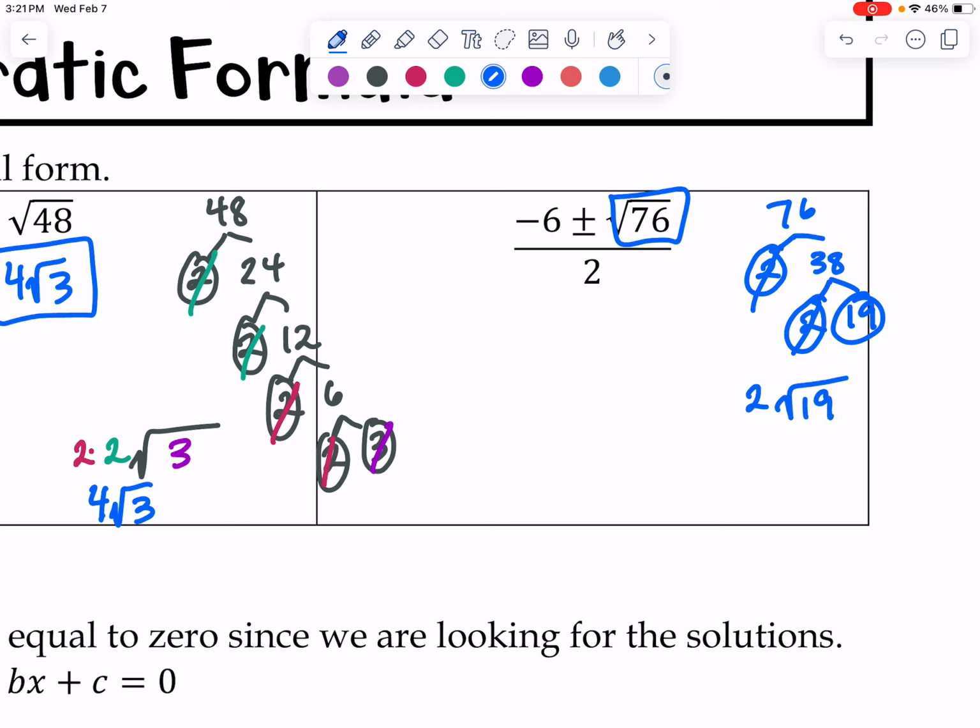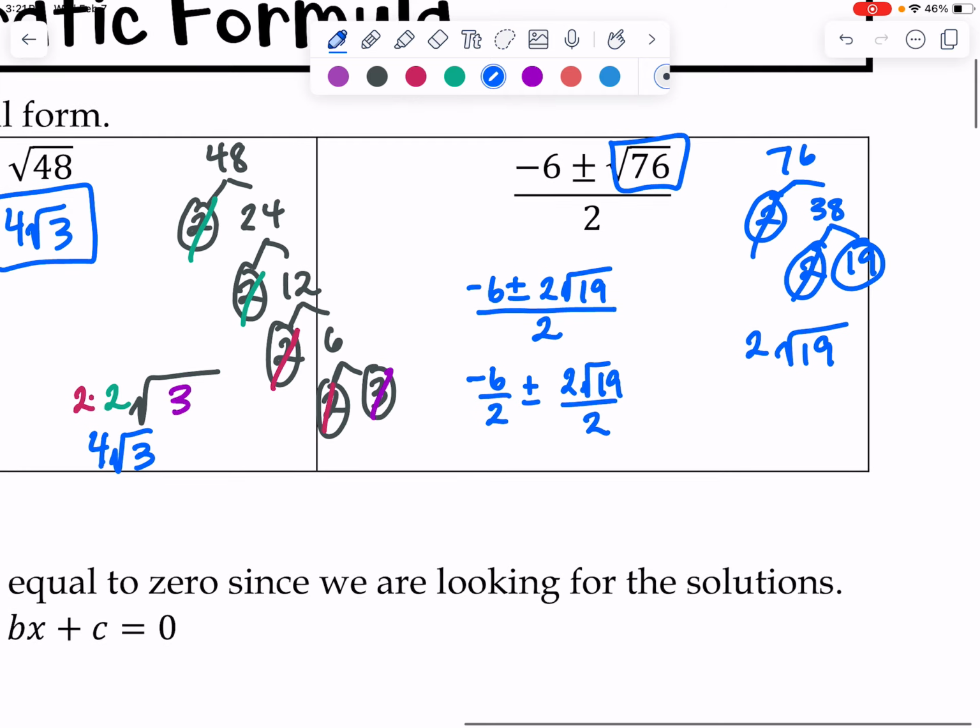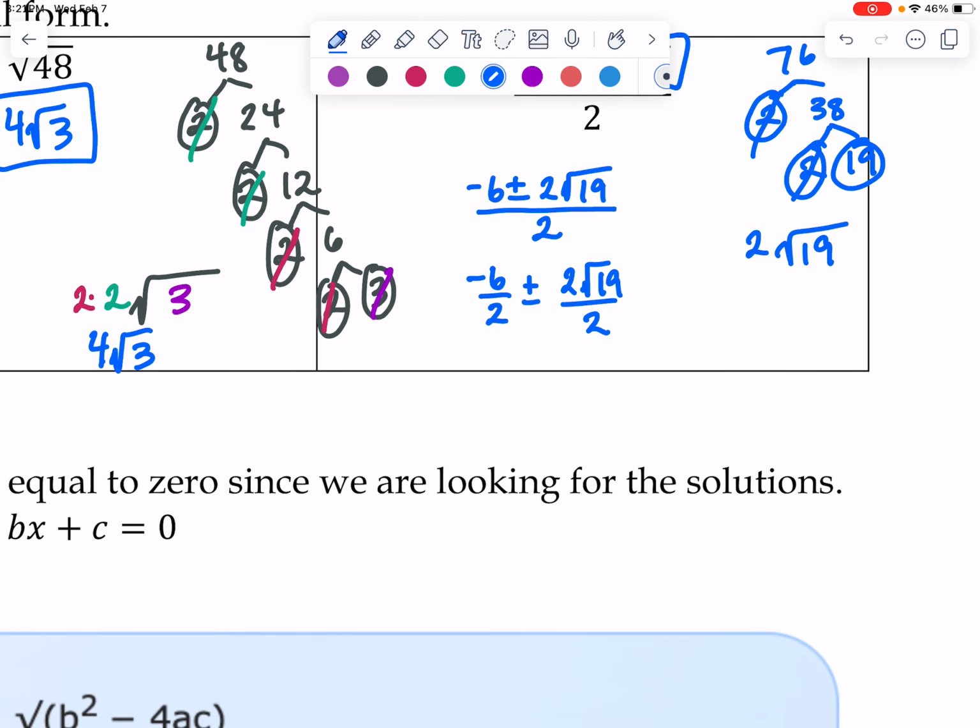So you could rewrite this as -6 plus or minus 2 square roots of 19 all over 2. Then you can break up the plus or minus and simplify them individually. So -6 over 2 is -3, and then here the 2's would cancel, leaving me just square root of 19.